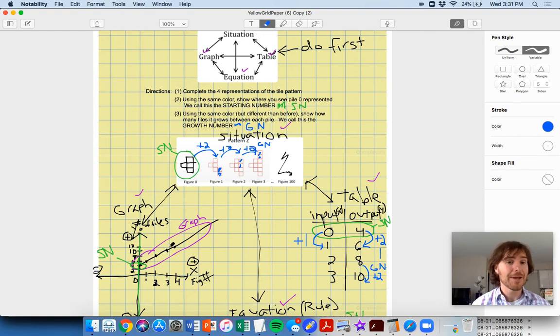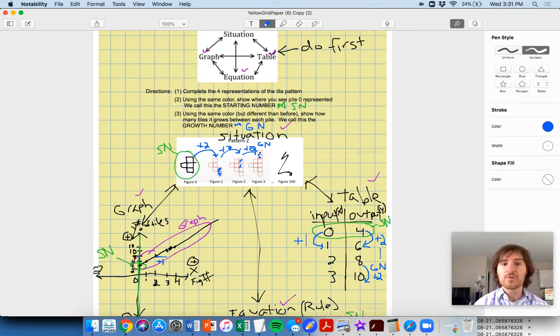In a graph, okay, wow, there's a lot of stuff that we really didn't have a lot of time with, if it's been a little while to get what's going on here. We'll review this when we do chapter 2 for sure, but going from one tile to the next tile, this is how we show the change. So when a figure increases by 1, how much did the number of tiles increase by?